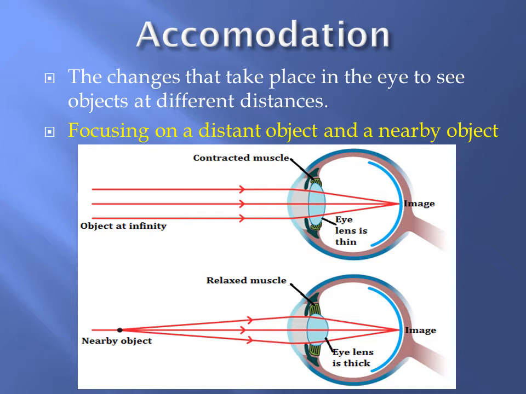In this situation, the lens has to be more convex in order to refract the rays enough to focus them on the retina. So the ciliary muscles, what happens? They contract. The suspensory ligaments become slack and therefore the lens becomes a more convex shape. From this picture you can see what really happened.